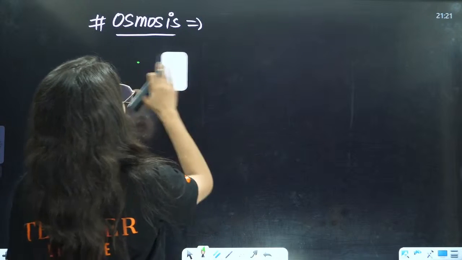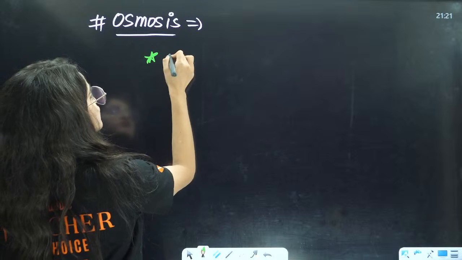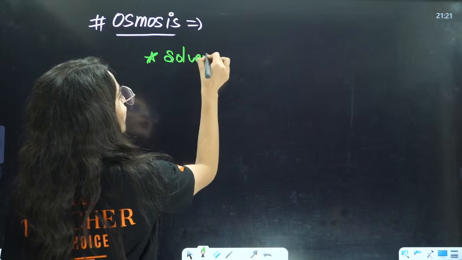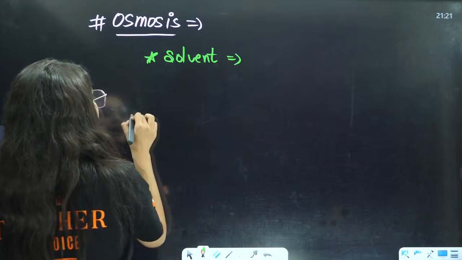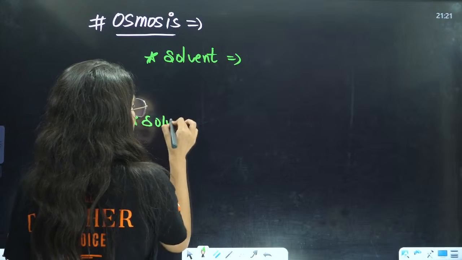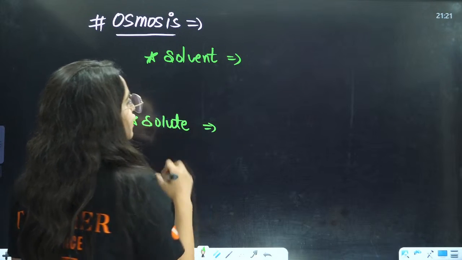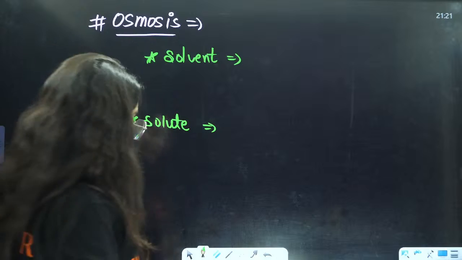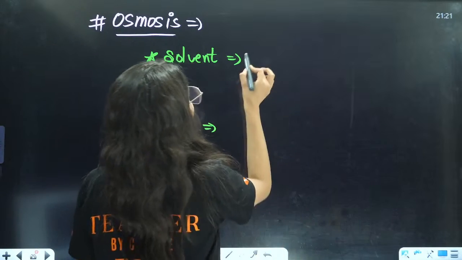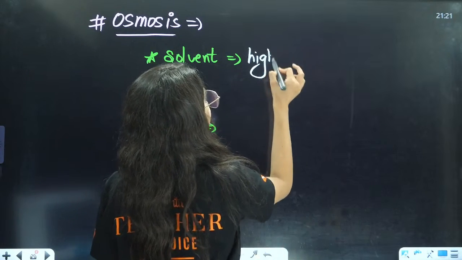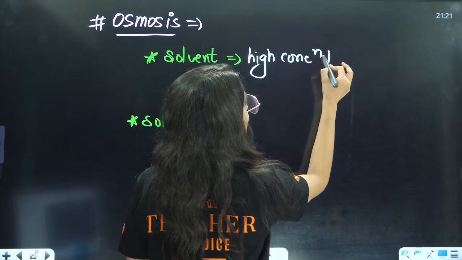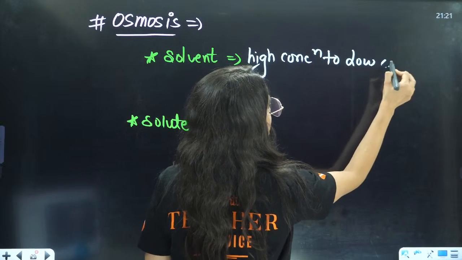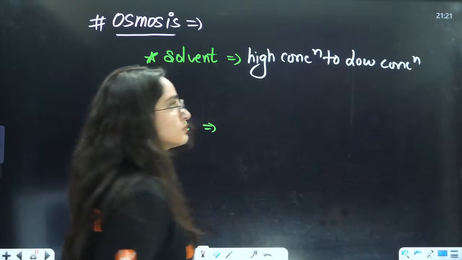Pure solvent, okay, I'll firstly write it in the form of solvent. Then we will write it in the form of solute, right? So in the form of solvent, it is from high concentration to low concentration, right?